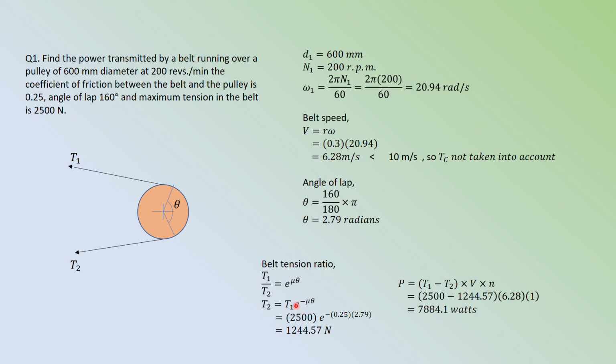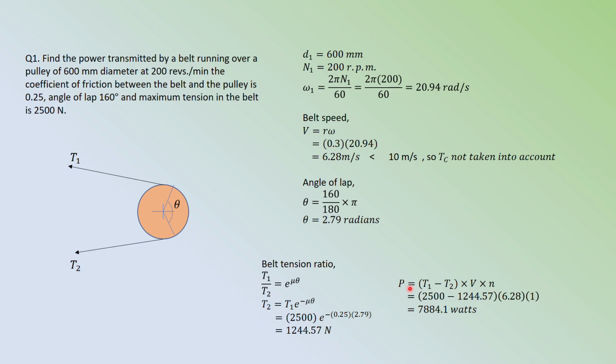So based on this, you have T2 equals T1 exponential negative mu theta. You have to manipulate this so that you have T2 as the subject. So the T2, that is the slack side tension, is 1244.57 Newton. So then you have power.